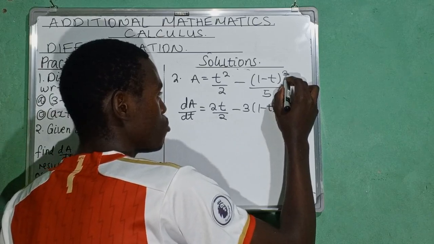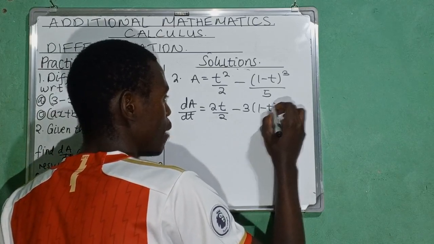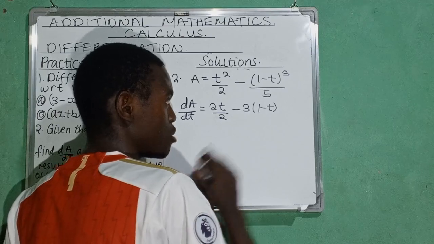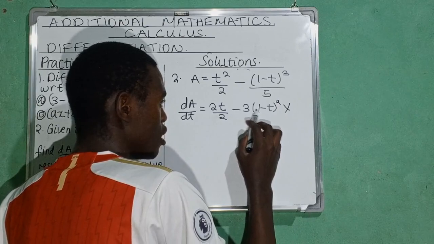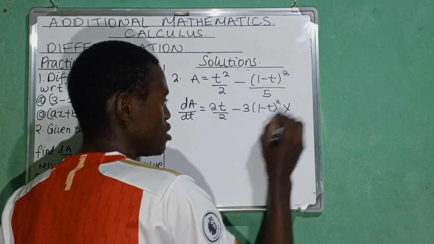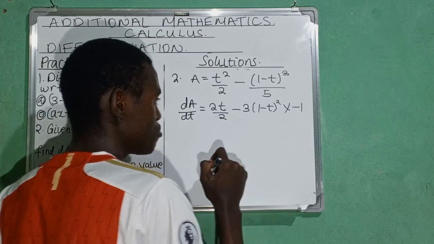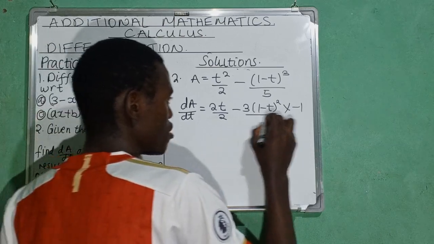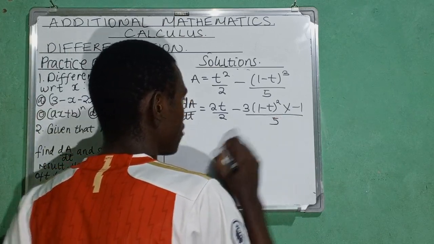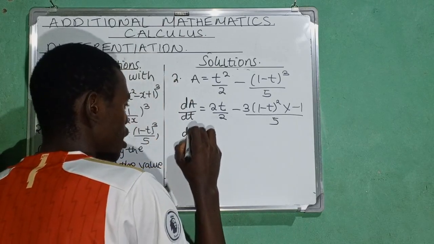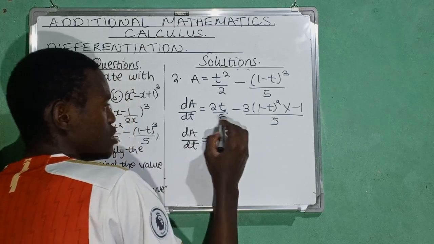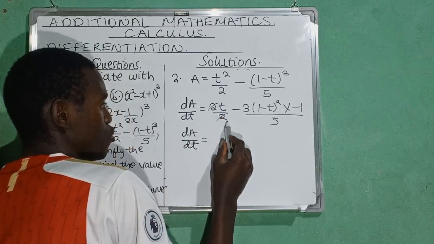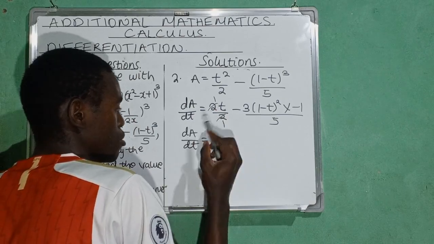And then this power 3 will lose 1. It will become power 2. And then you multiply by the derivative of the core. In this case, the derivative of negative t is negative 1. Everything is being divided by 5. So your dA/dt is equal to, we can simplify here, 2 into itself 1, 2 into itself 1.